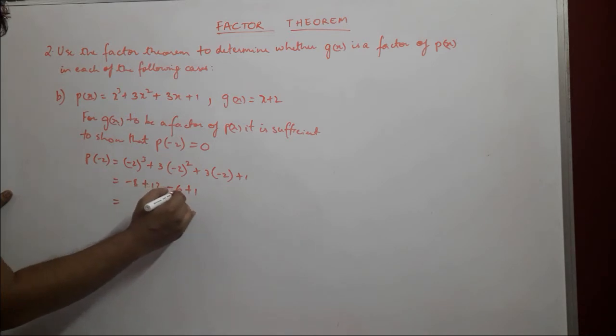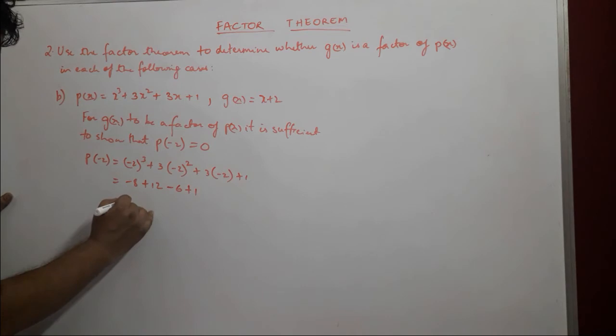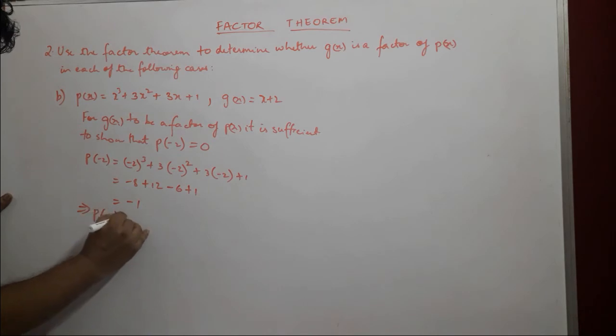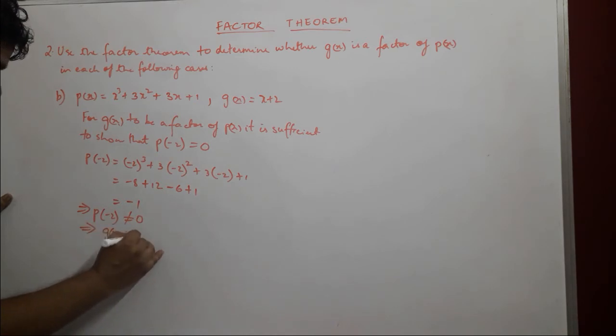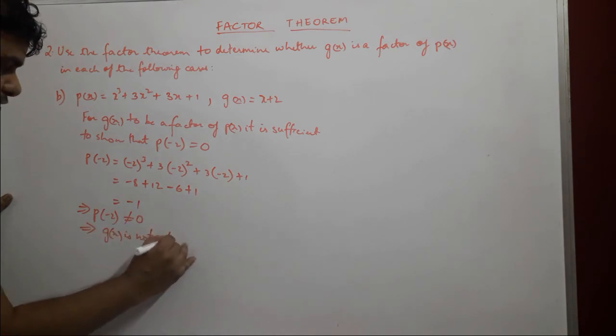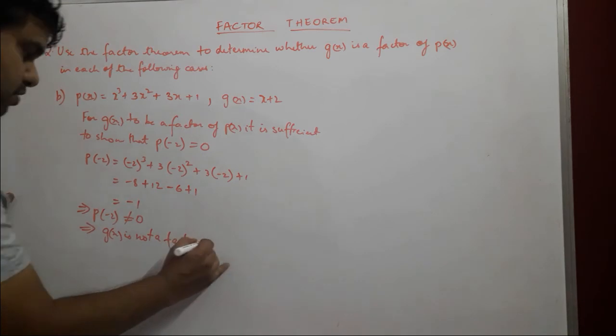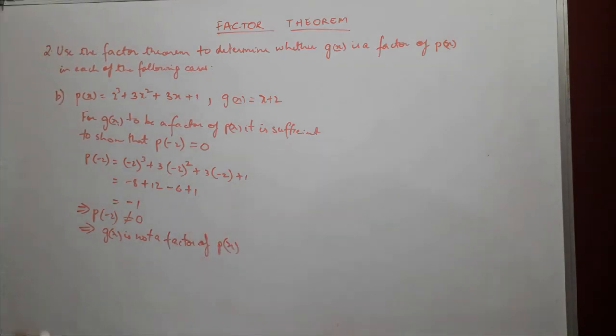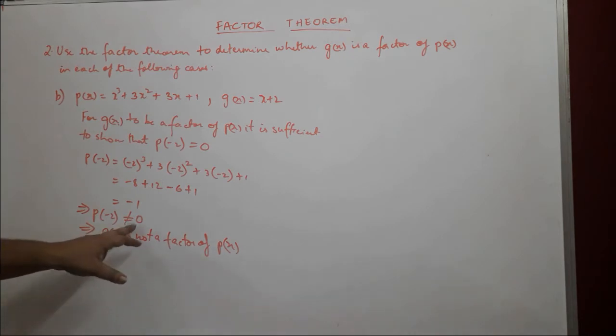Plus 4 minus 6 gives us minus 2. Minus 2 plus 1 gives us minus 1. So this implies that p of minus 2 is not equal to 0. So this tells you that g of x is not a factor of p of x. Here we did not get it equal to 0, hence g of x is not a factor of p of x.